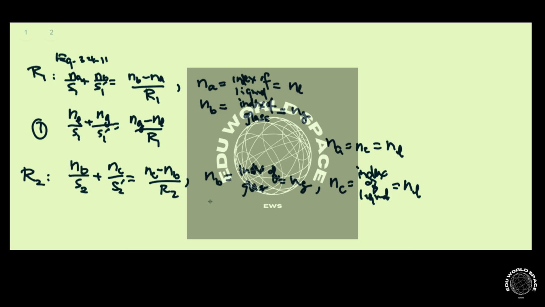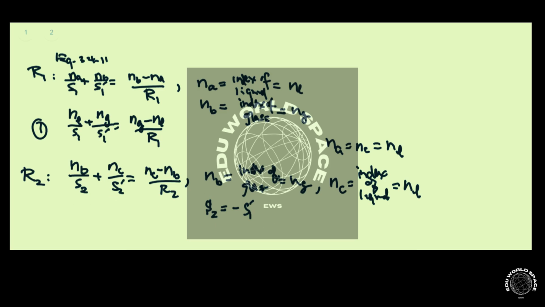And let's remember that S2, this object, is actually the image formed by the R1 side. Because we're neglecting the thickness of the lens, we have this relationship.